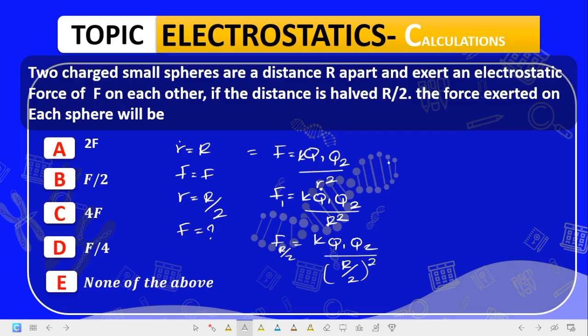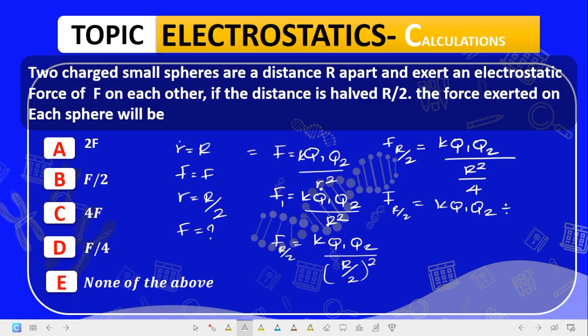And this will give us F of r over 2 will be equal to K Q1 Q2 all over r square divided by 4, which we can also write as F of r over 2 is equal to K Q1 Q2 divided by r square over 4. Division means 4 will come up. If you change this to multiplication, it means 4 will come up and r square will come down.